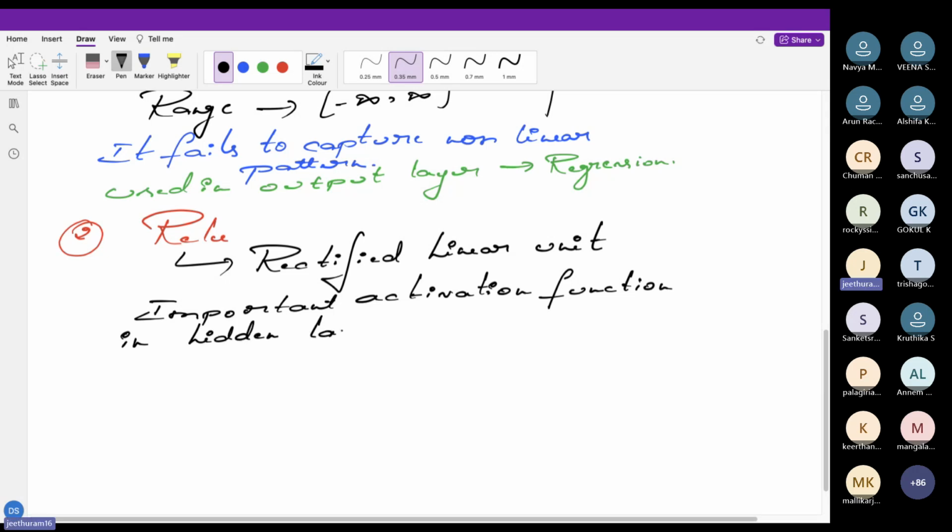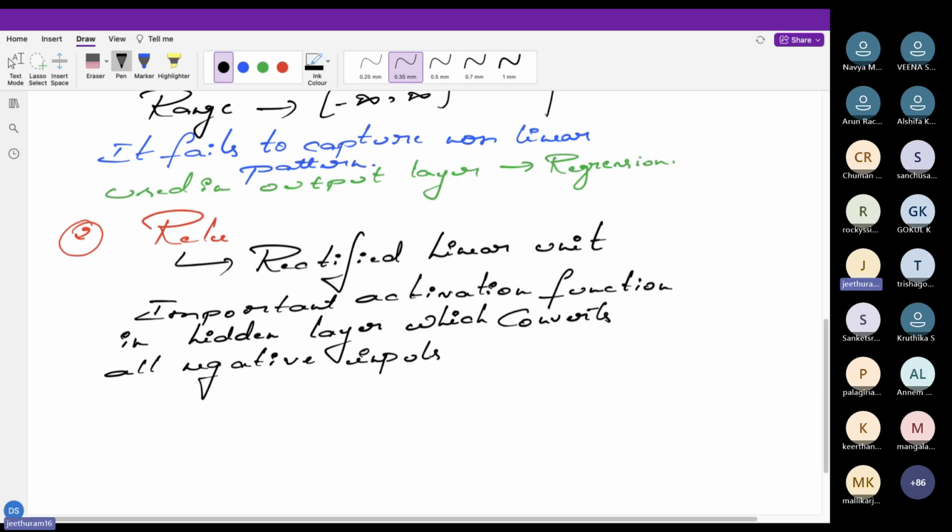It is used in the hidden layer, and it converts all negative inputs to zero while positive inputs remain unchanged.